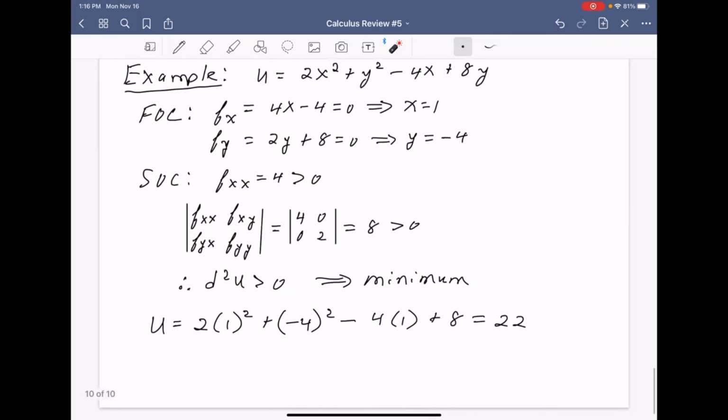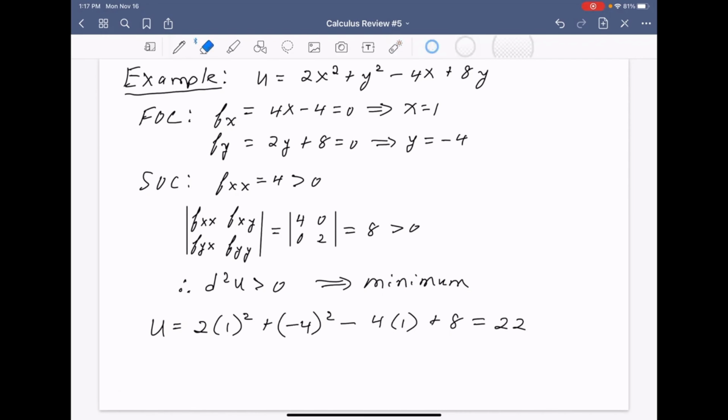So we then calculate what the value of u is. Now let me just check that.